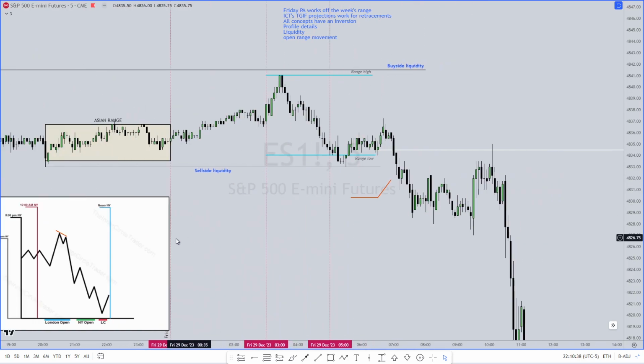So we've got our profile in the London confirmed. Asia's consolidation. Sometimes we'll have a dip below Asia, but not always necessary. We'll have that run up right around that 2 o'clock to 4 o'clock. We'll create a lower high, which would be here.